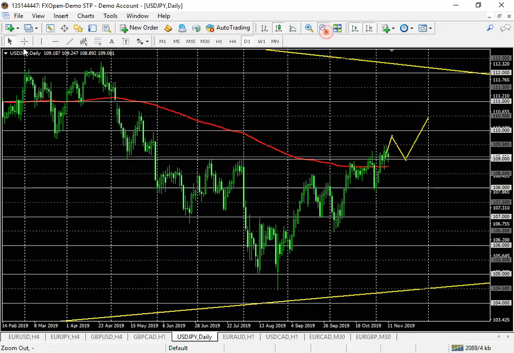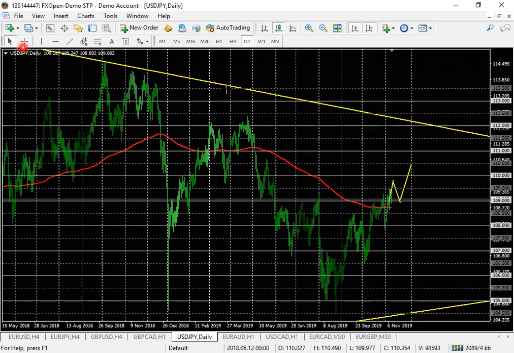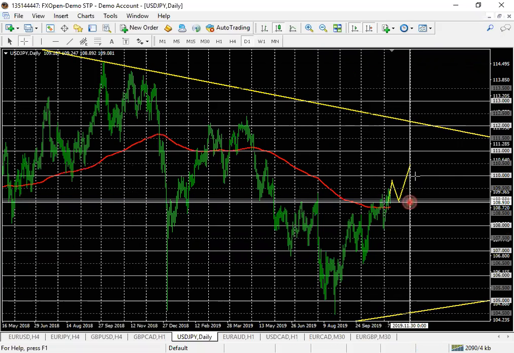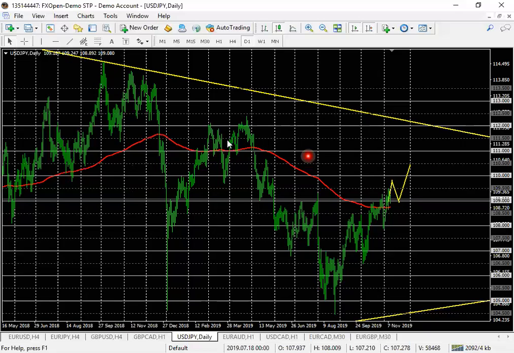So in total, that's a pretty significant amount of pips. From that price, that's about 100 pips, and that's about 150 pips. So definitely go to that 110.50 zone.